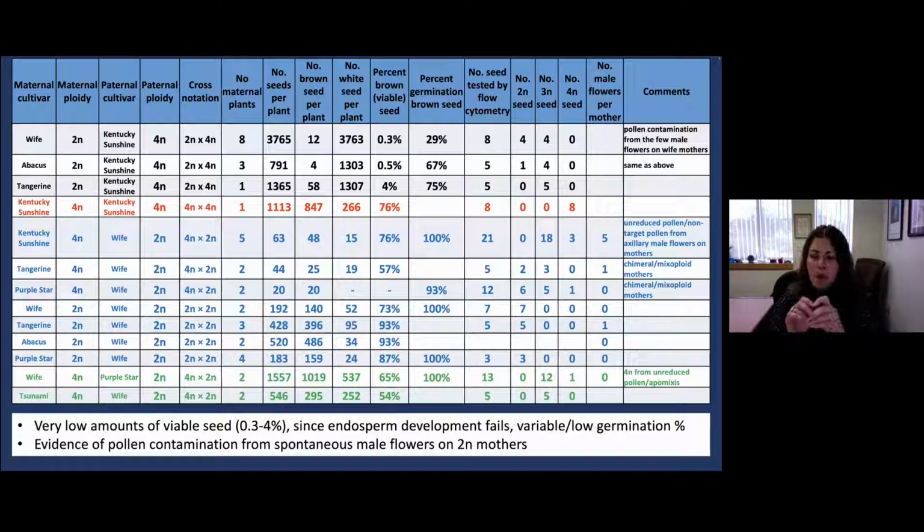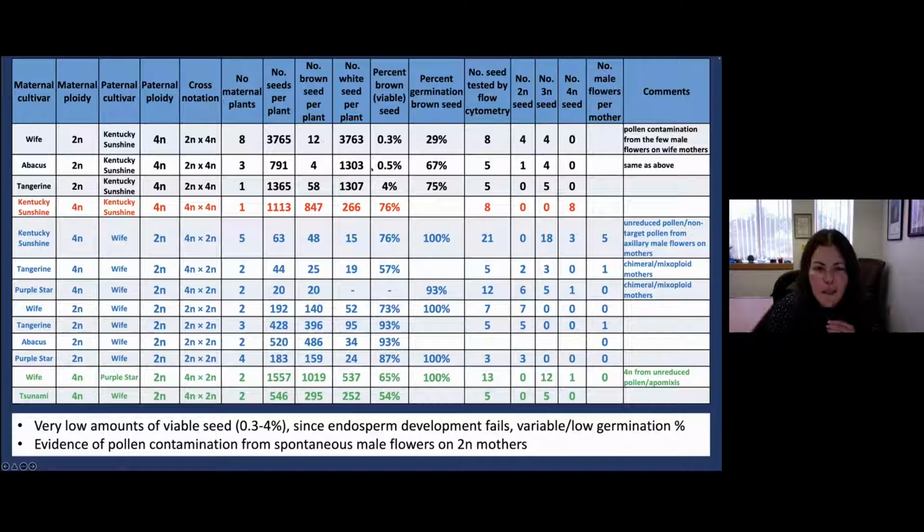And when we pulled them off the plant, they were hollow inside. In the end, we got thousands of seed per plant. For Wife, we got over 3,000, almost 4,000 seed. For a couple of Abacus plants in there, we had close to 800 seed. And for this Tangerine, we had high seed as well, but they were largely unviable.